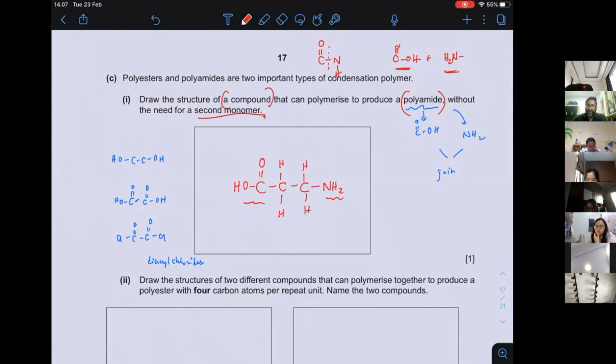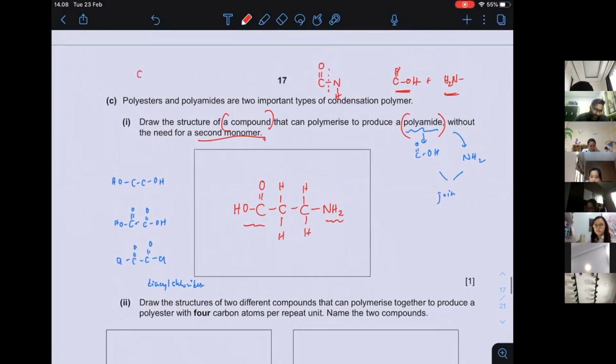Can we write another type of answer? Yes, possible. Another type of answer is, if you don't want to put the carboxylic acid, you can also react with Cl. If I have C double bond O Cl and then NH2, it's possible also, because you are going to get a peptide linkage.